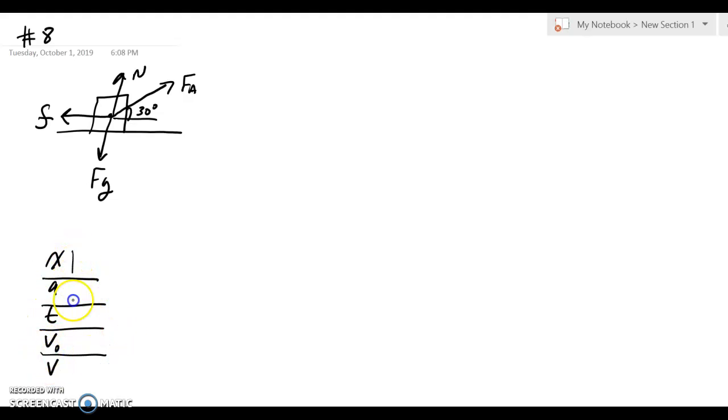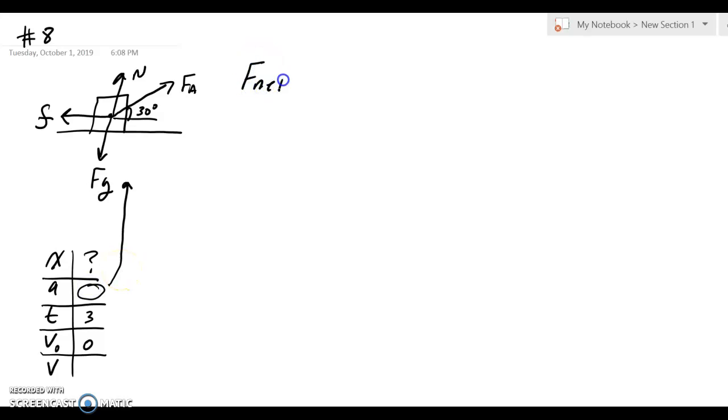Looking at our equations, we're missing one of the givens that we need. We use Newton's second law up here to solve for acceleration. Once we have the acceleration, that's going to go right here, and then we can solve for distance.